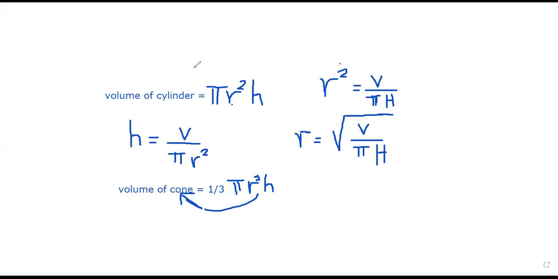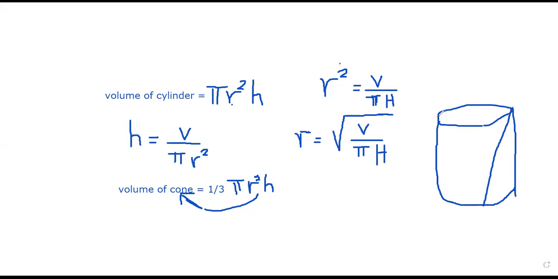If you have a cylinder, and inside the cylinder we have a cone, and the cone has the same base and the same height, not just anything, it must have the same base and the same height.